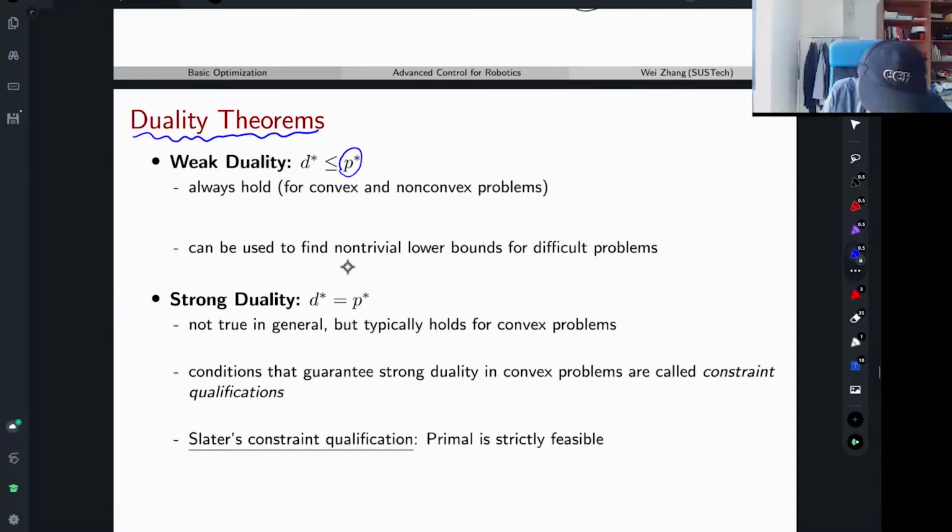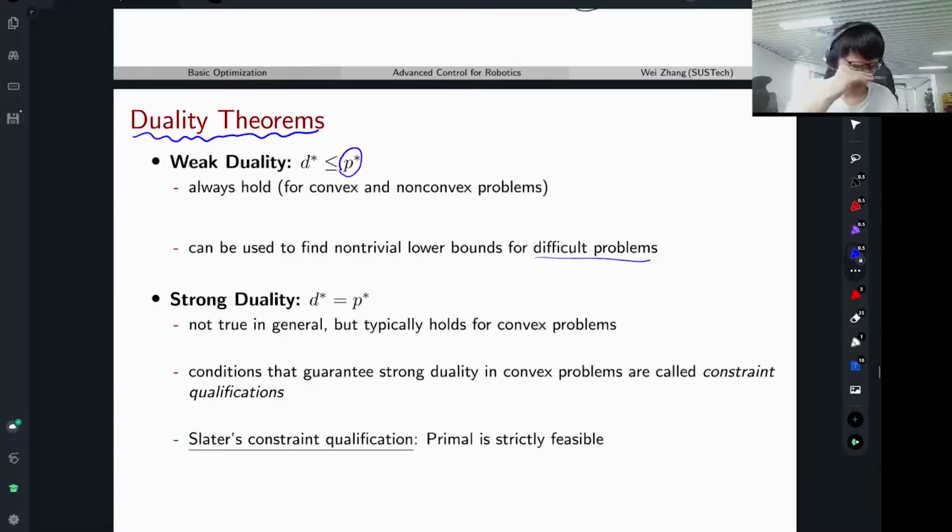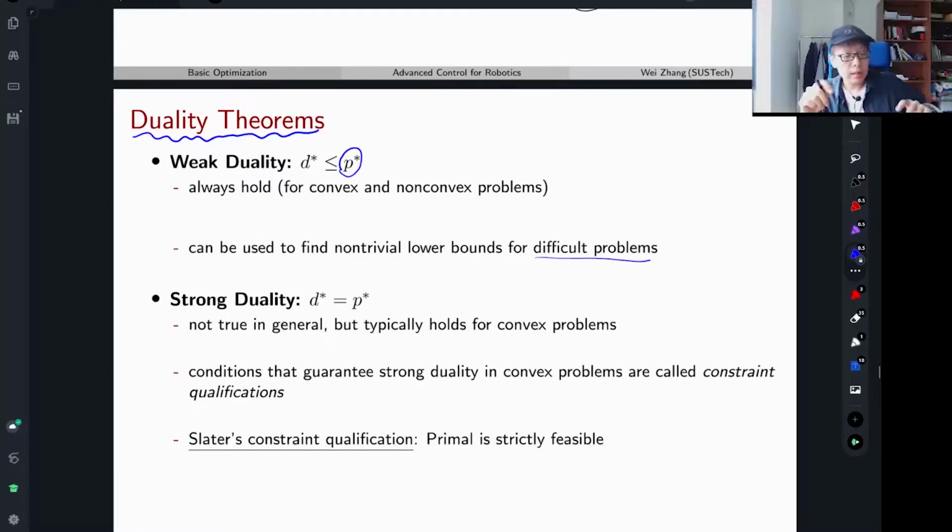This can be used to find non-trivial lower bounds for difficult problems. Sometimes it's hard to find the exactly optimal solution, but you can use the dual problem to find a lower bound.